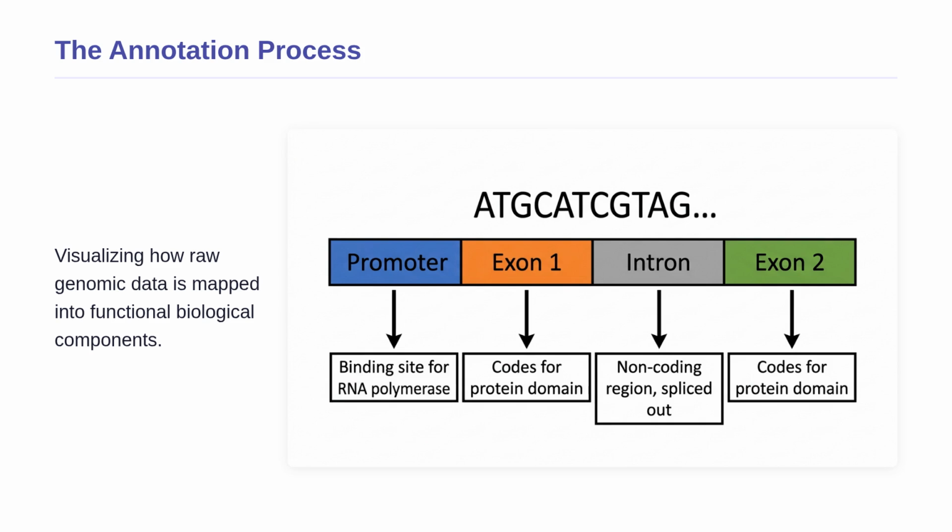The arrows pointing downward represent functional annotation. The promoter is identified as the binding site for RNA polymerase. The exons are the actual coding regions for protein domains, while the intron is flagged as a non-coding region that will be spliced out. This is how we map the blueprint of life.